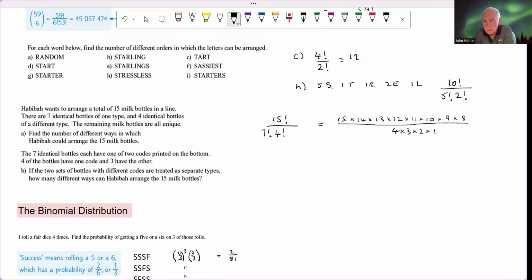Well, whichever way you like, really. That'll cancel with that. That'll cancel with that. So that's going to be our number, which would be quite a big number. I'm not going to work it out. Incidentally, these binomial coefficients always work out to an integer. And I think that can be proved, but I'm not going to do that here.